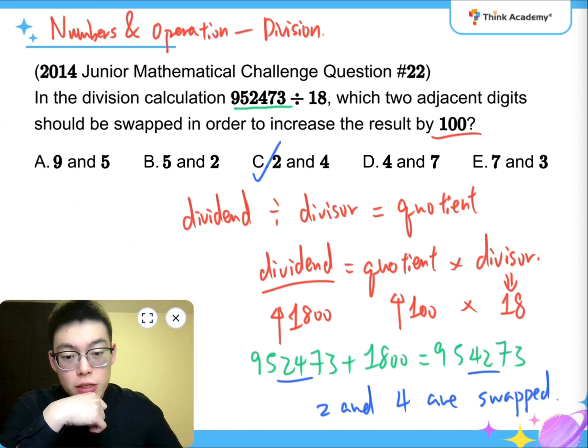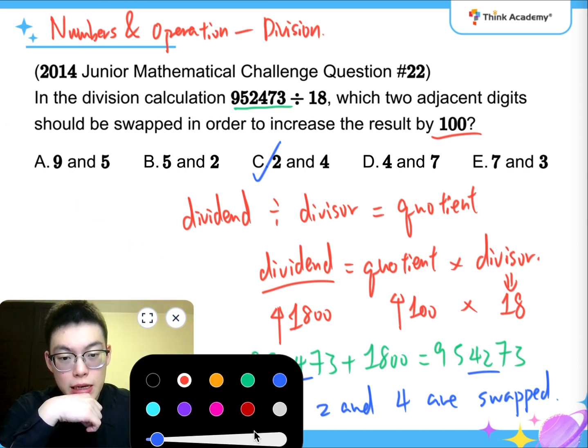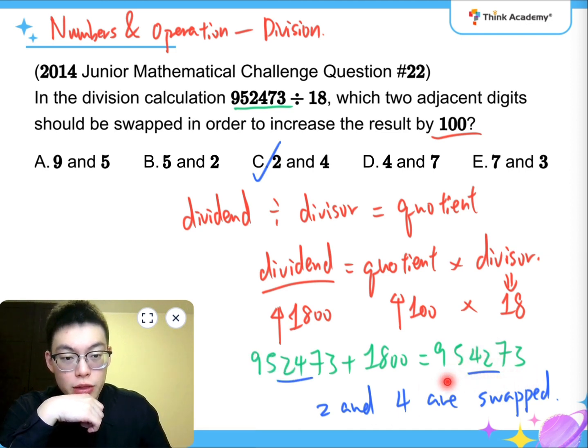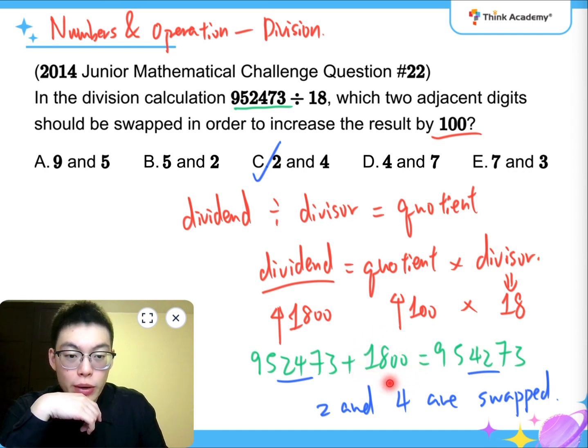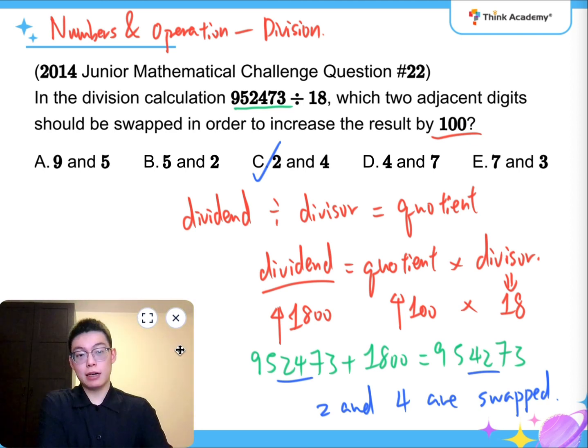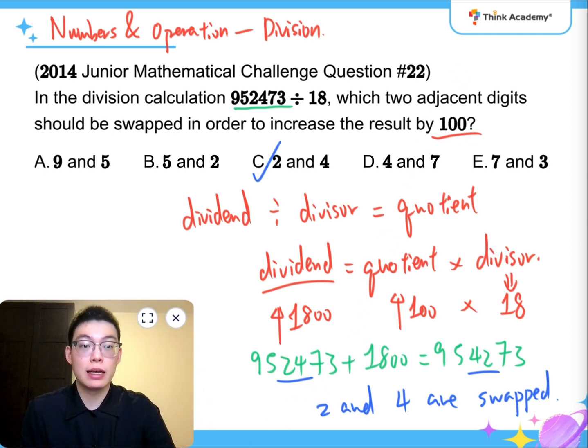That's how we can solve this question, because like this, 954273 is going to be the new dividend for the quotient to be going up by 100. Okay? So that's how we can figure out this question.